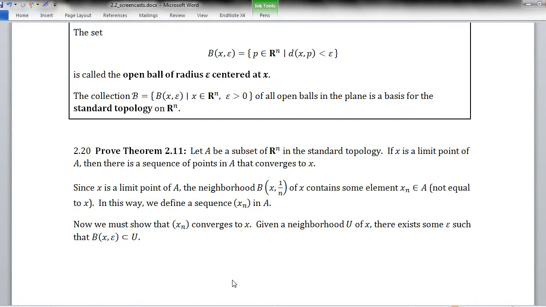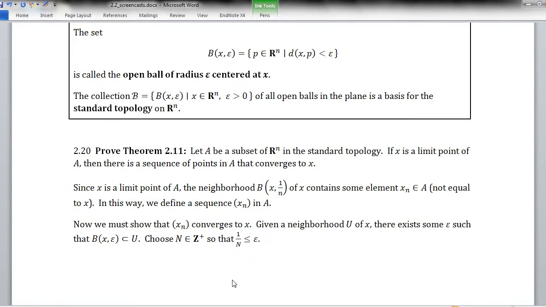Now let's choose our capital N in the positive integers so that 1 over it will be less than or equal to this epsilon that we've found.